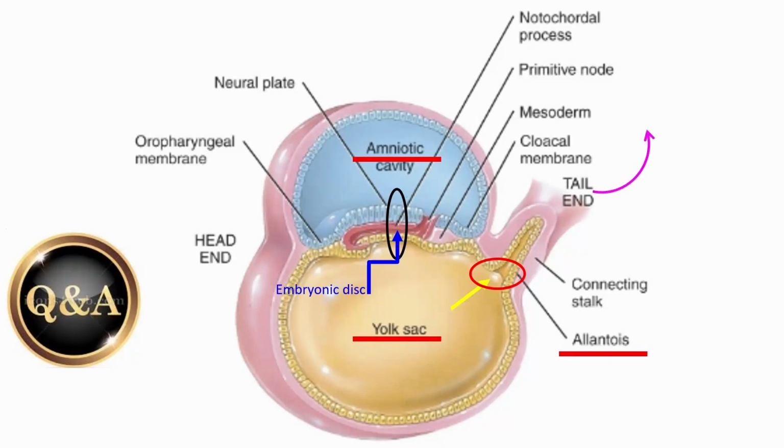And at the tail end, with the allantois projecting into this structure, this is going to form the umbilical cord, going from the umbilicus of the fetus later on to the placenta in attachment to the mother's uterus so that it gets nourishment later on.